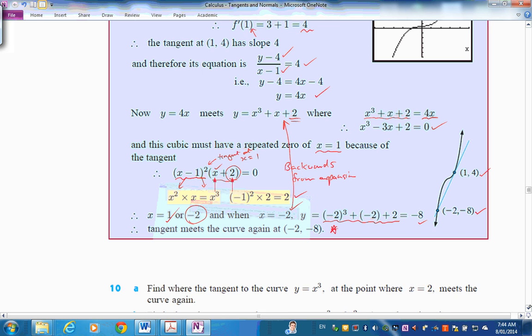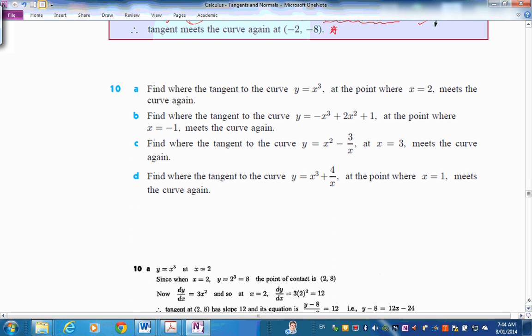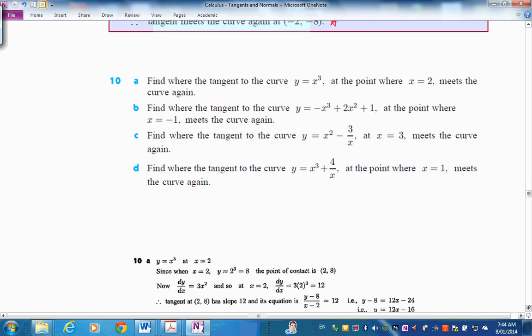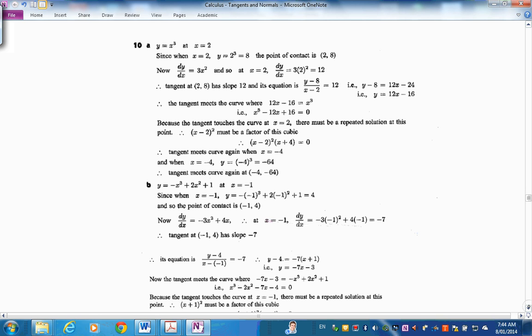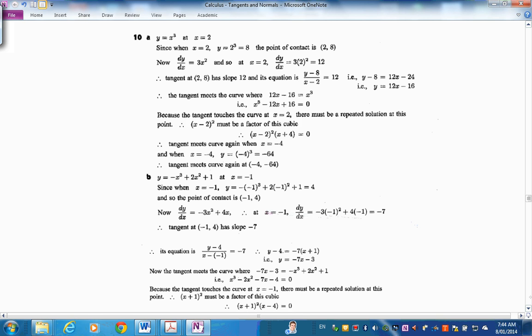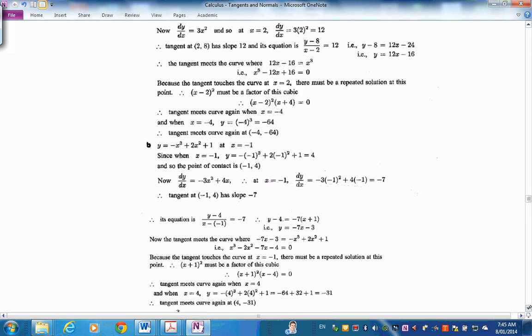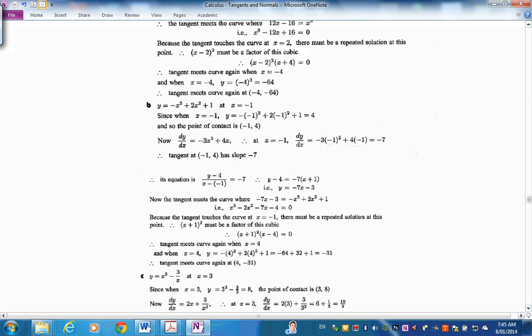Let's have a look at question 10. One like that. Find where the tangent meets the curve again, so practice some of that. Let's look at the solutions now and have a look. Question 10, A and B, almost all of B. Let's have a look at the rest of B. Same stuff, get into a pattern there of what's going on.